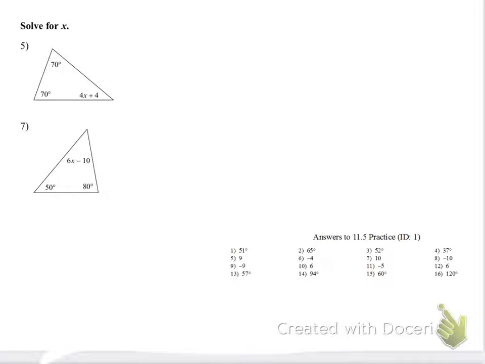All right, moving on. Same thing here. We have 3 of these angles here. And we just need to add them up and set them equal to 180. So 70 plus 70 plus 4x plus 4 is equal to 180.